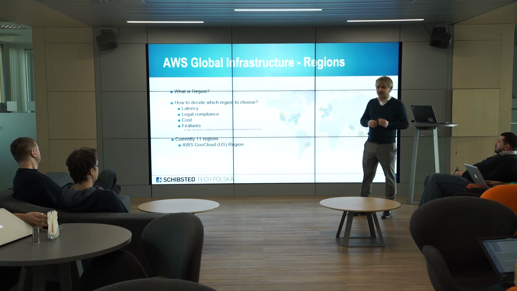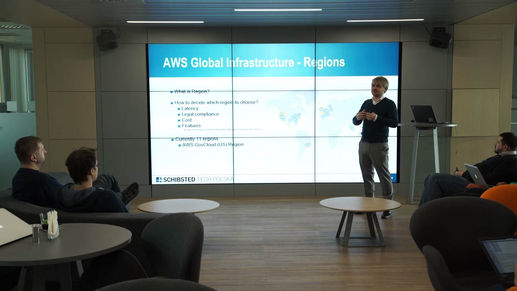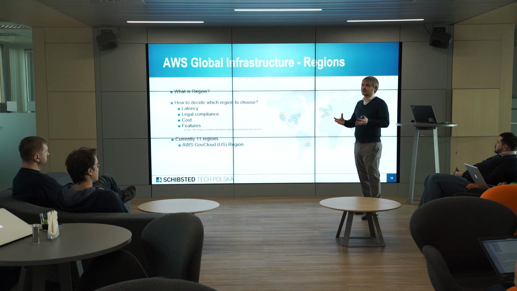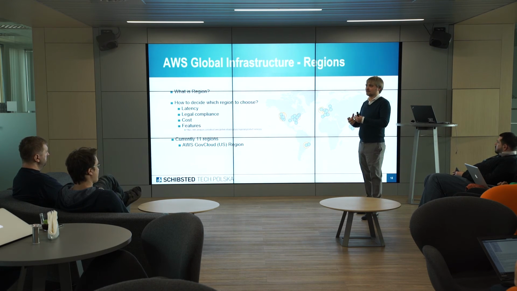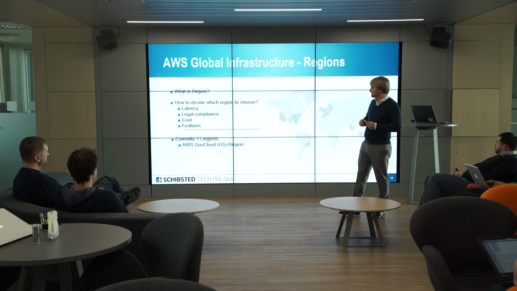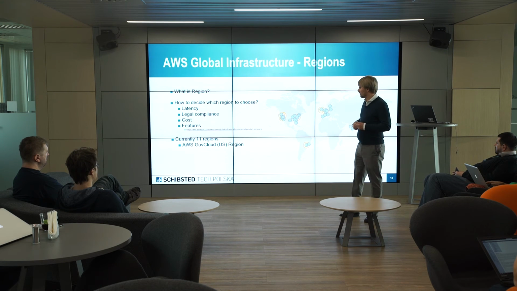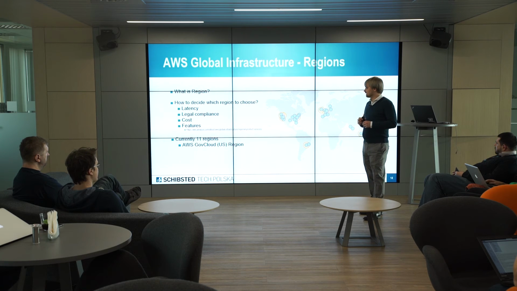It's really difficult to find out what a region actually is. Does it consist of a few data centers, or a data center divided with some kind of fire-resistant wall? Amazon keeps that a secret, and Amazon doesn't want us to go into details of that.